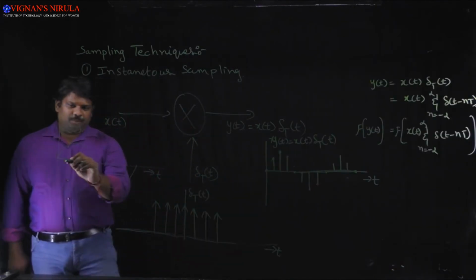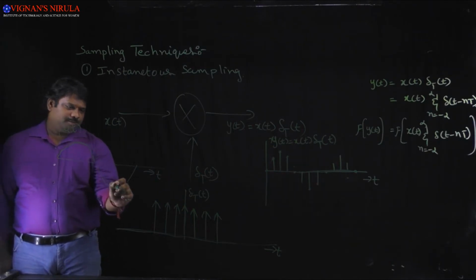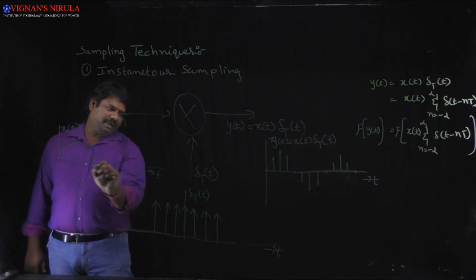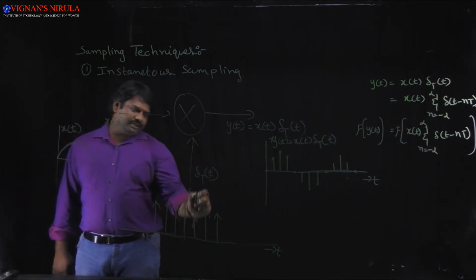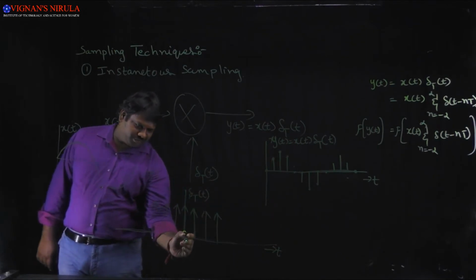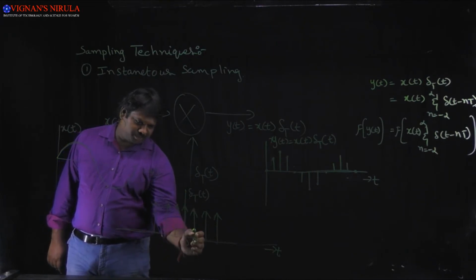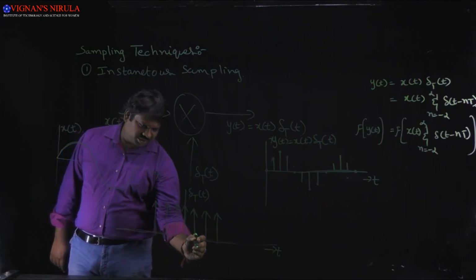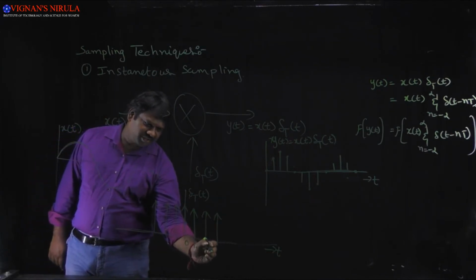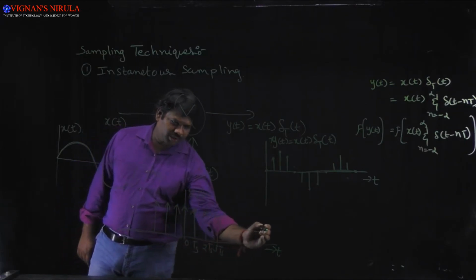Now this is a continuous signal which is defined for all values of t. We can take any continuous signal here. Next, the signal is the train of impulses, where at t equal to 0 there is one impulse, at t equal to ts another impulse, at t equal to 2ts another impulse, at 3ts another impulse, and so on.